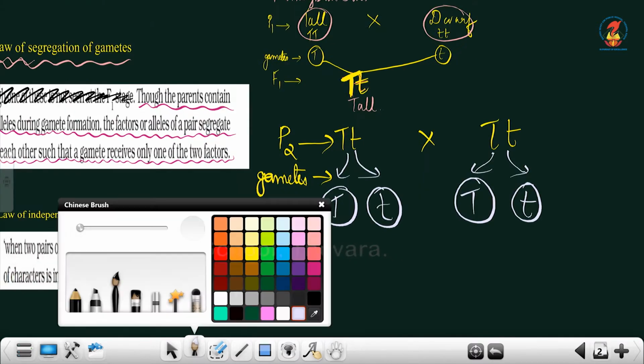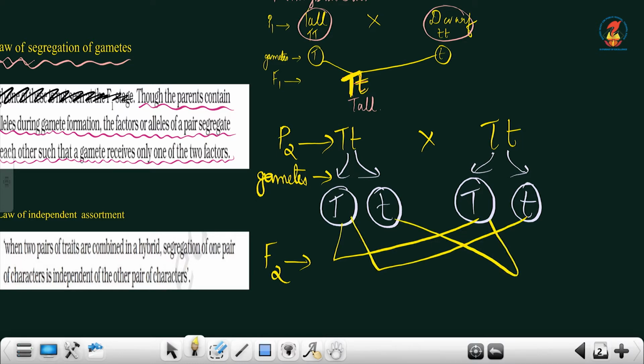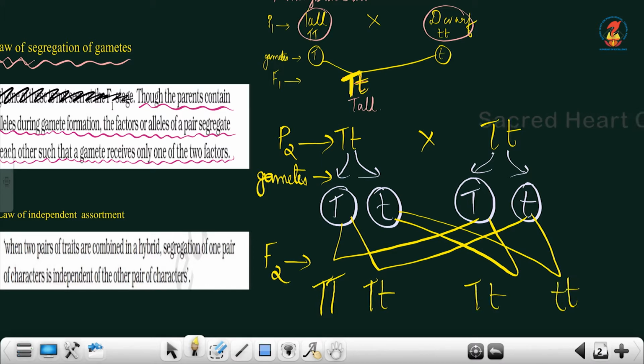I have to proceed to the F2 generation. Cross this with this, this T with this, then small t with this and this. So, we have capital T capital T, capital T small t, capital T small t, small t small t.